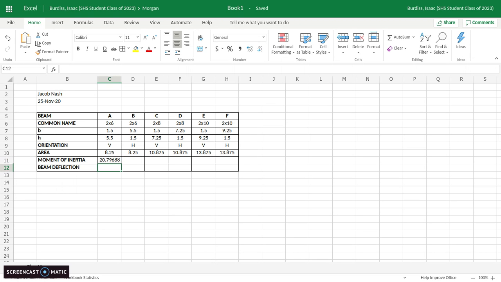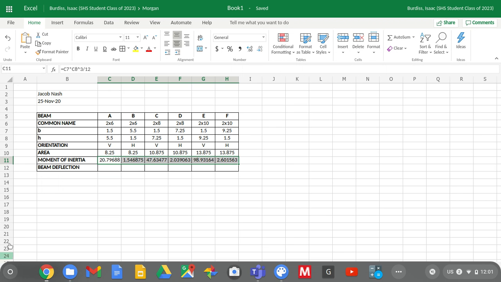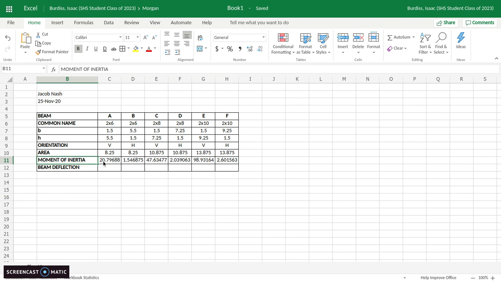Push enter. Did that. Now, what we can do is go on to C11, drag it all the way to all these. Wow. Did it for all of them. That's good. Now, do shift, highlight all these.